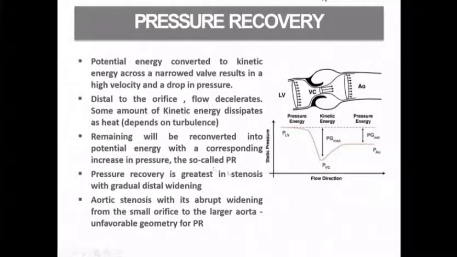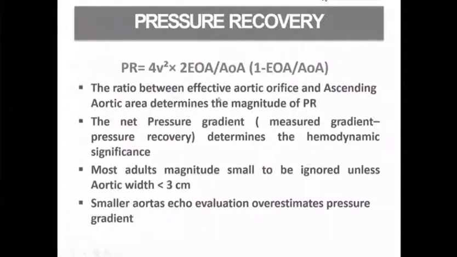Pressure recovery is greatest in stenosis with gradual distal widening. Aortic stenosis with abrupt widening from a small aorta to a large aorta is an unfavorable geometry for pressure recovery. So how do you correct the pressure recovery? The ratio between the effective orifice area and the descending aorta area determines the magnitude of the pressure recovery.